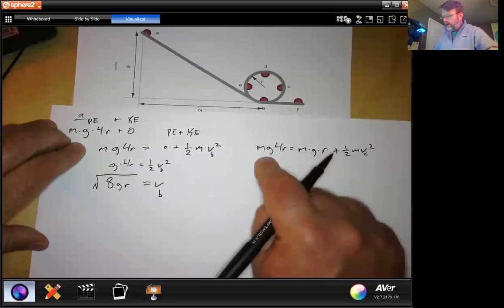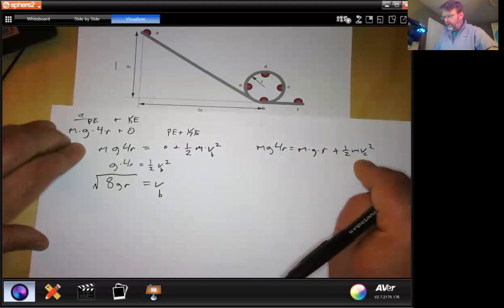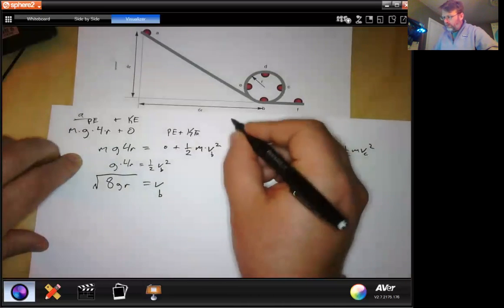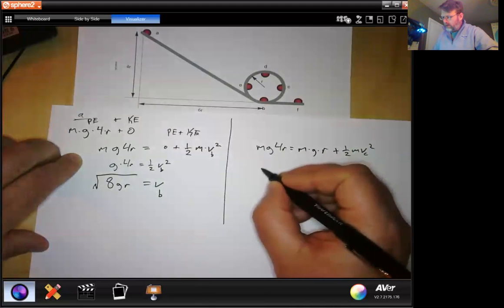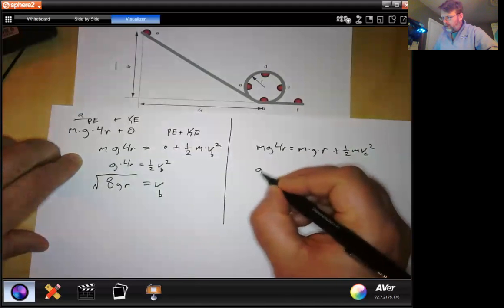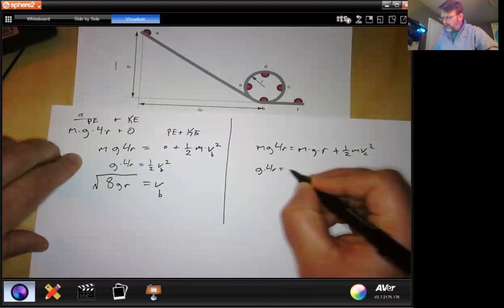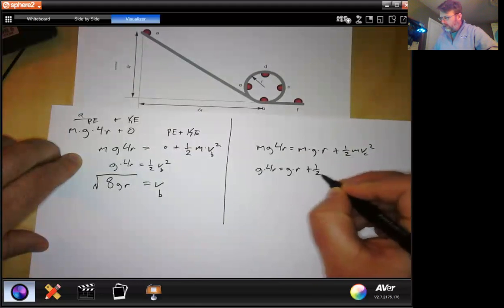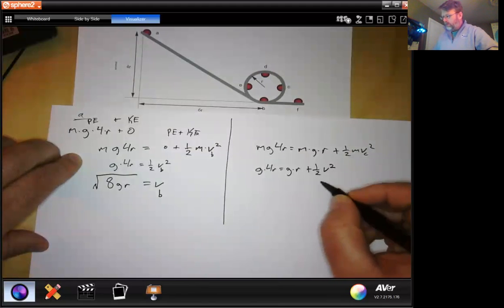So going forward from here, what can we do? Well, everything in there has a mass component in it, so we can divide everything by mass. So we're going to get g times 4r equals g times r plus 1/2 v squared.